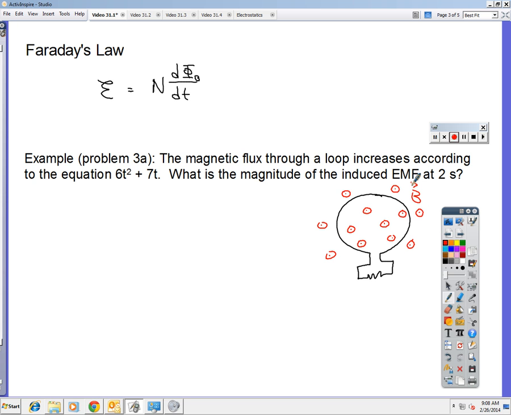And we're told that the flux increases according to the equation 6t squared plus 7t. We're also told, though I didn't write it down, that phi is in milliwebers, and that brings us to the next thing, which is the units of flux, which is the Weber. And a Weber is equal to a Tesla times a square meter.